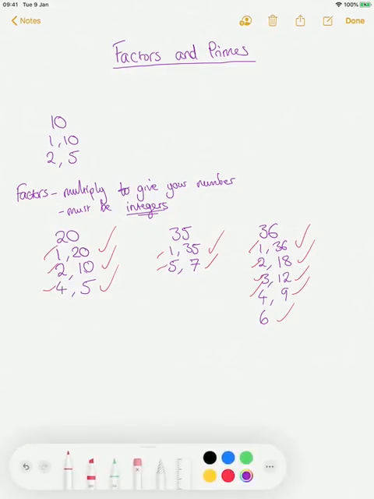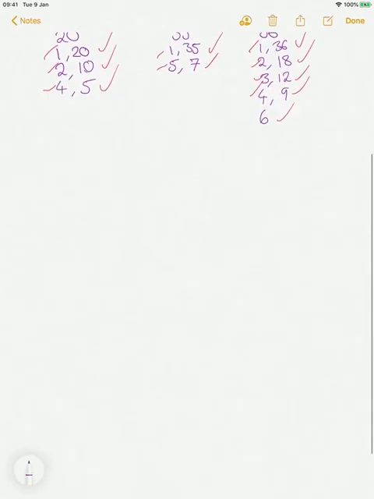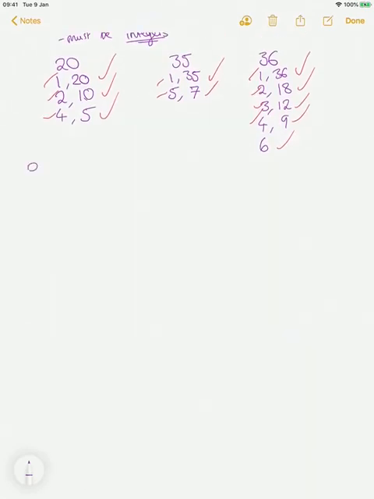Okay, so that's factors. Now we're going to go on to primes. And again, the best way to do this is to just give you some examples.